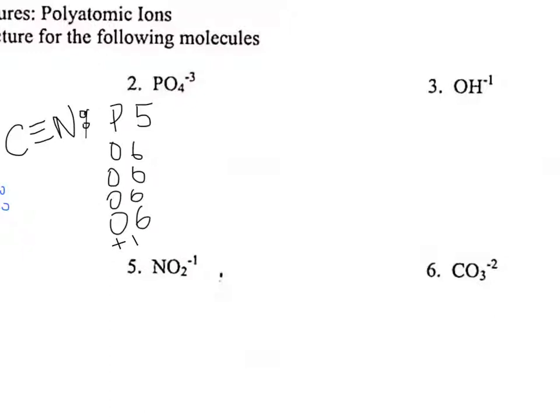So I'm going to say +3. And adding all those up, 24, 29, 32. So we have a total of 32 electrons, meaning we're looking for 16 pairs.